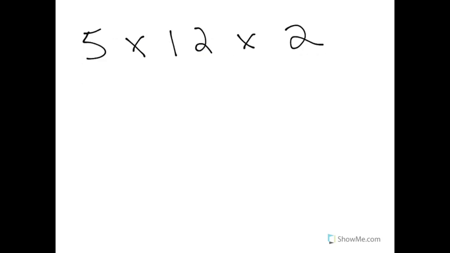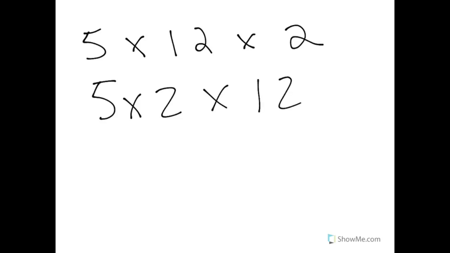If I asked you to do 5 times 12 times 2 in your head, that's not the world's hardest math problem. I admit that. Multiplying by 2, multiplying by 5, those are pretty easy. But it might take you a minute to figure it out, unless you realize that you can group a couple of these numbers together and switch the order. So instead of doing 5 times 12 times 2, I'm going to think of 5 times 2 times 12 because the order doesn't matter.